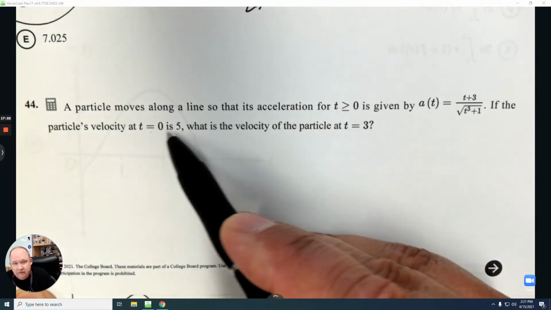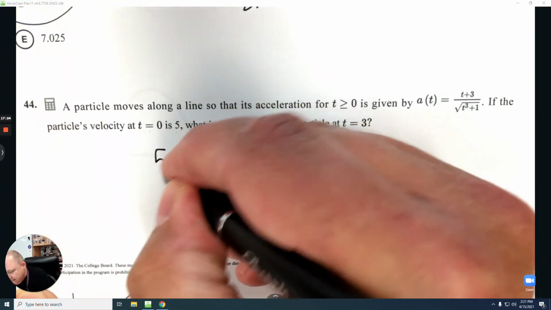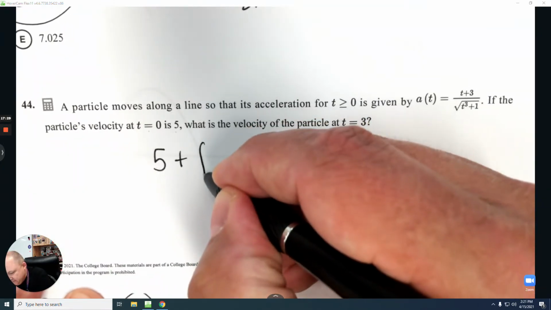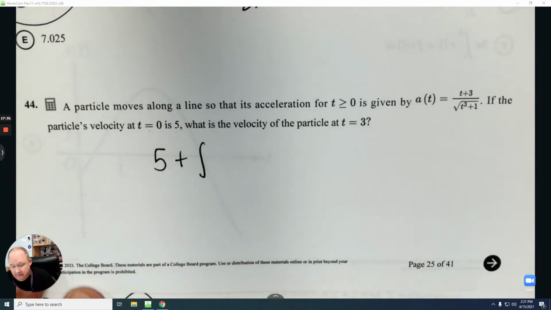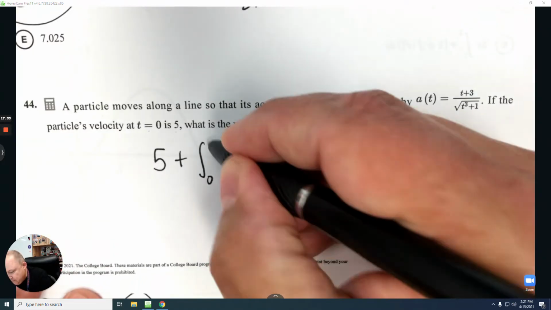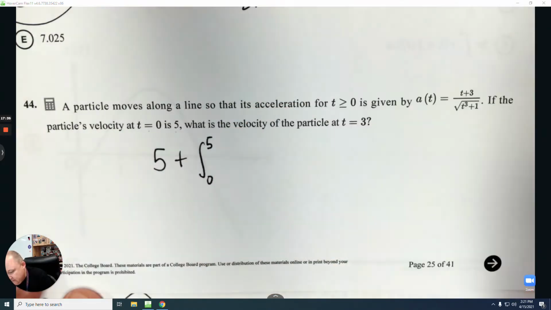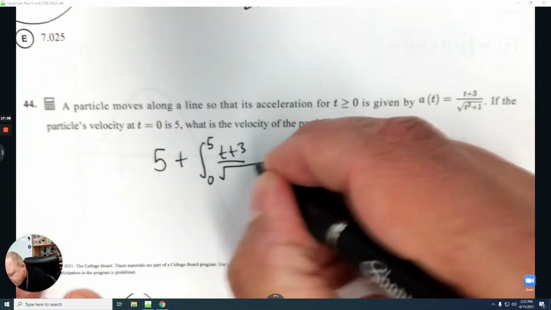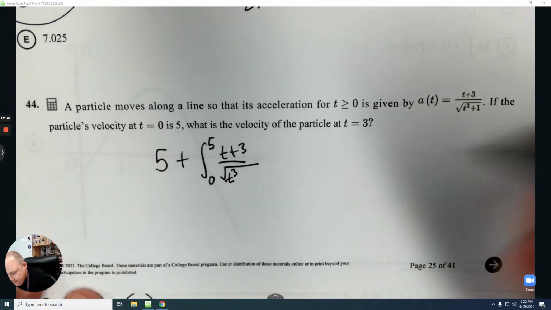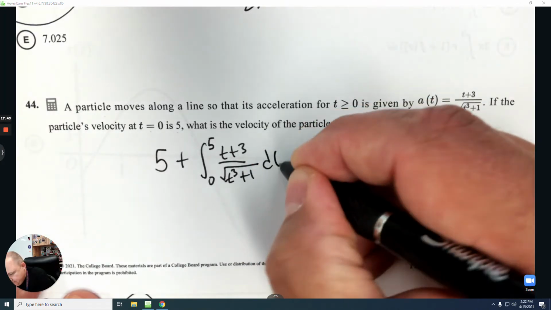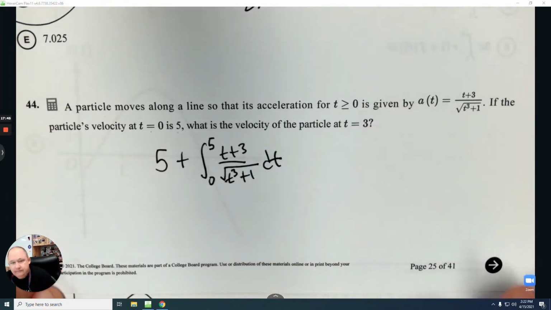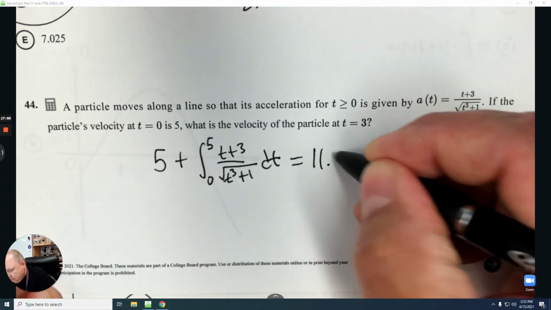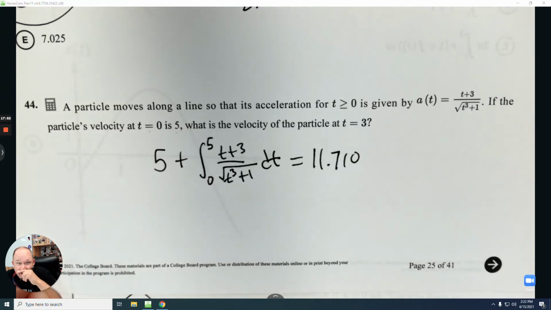The velocity starts at a value of 5, and then the acceleration, when I integrate it, will tell me if the velocity increased or decreased from that. So from 0 to 3, take the acceleration, type that in, and you get the answer 11.710.